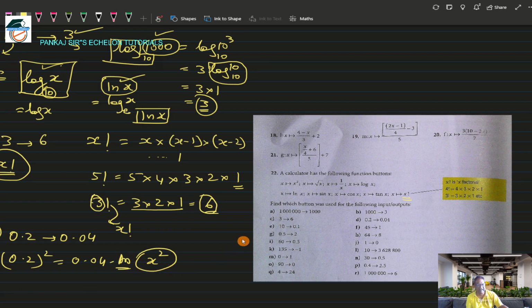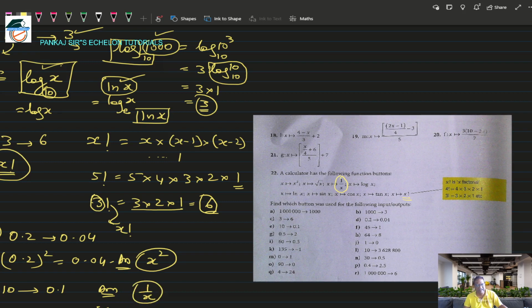E is 10 as input and 0.1 as the output. Now, what should be the function so that input will be 10 and output will be 0.1? I think this has to be that function, 1 upon x, the reciprocal one. So, the answer will be 1 upon x.